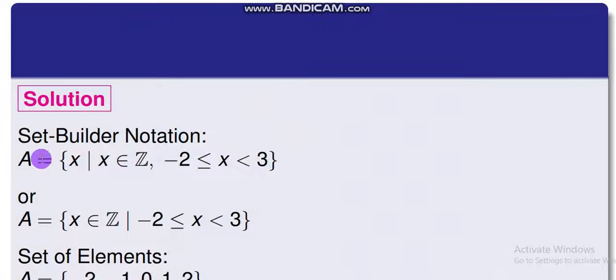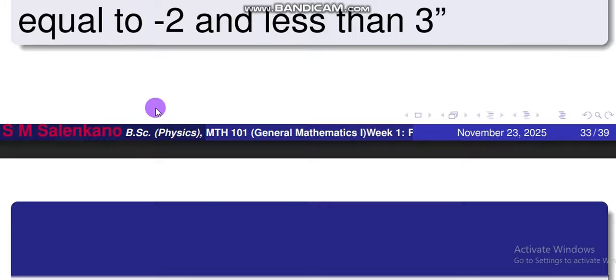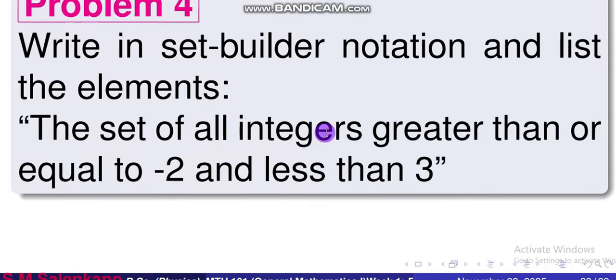You see, A is the set of x such that x is an element of the integers, meaning it belongs to the set of integers. That is the first condition, because they say here the set of all integers, right? But the second condition says greater than or equal to -2 and less than 3.